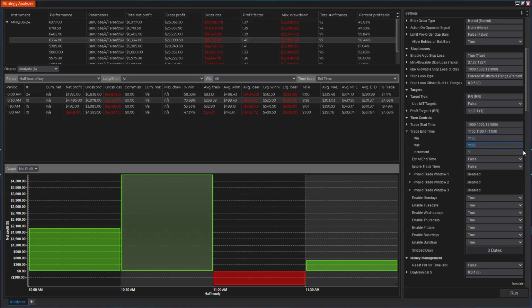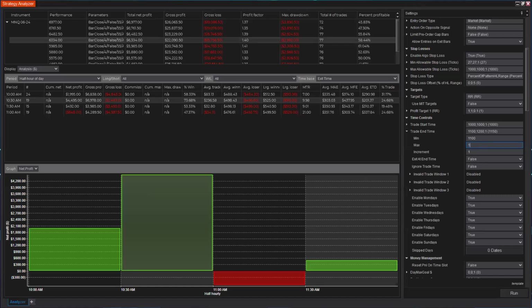Another thing you can do, if maybe you don't want to shave all of it away, you could go 11 to noon and then go by increments of, well, actually, I don't think you'd want to do it that way. Never mind.